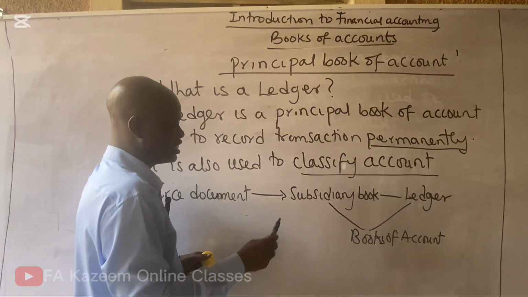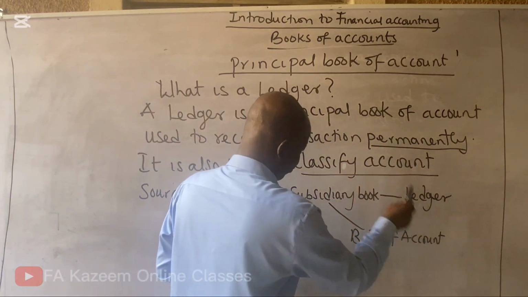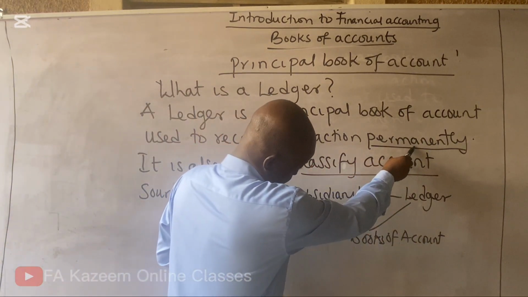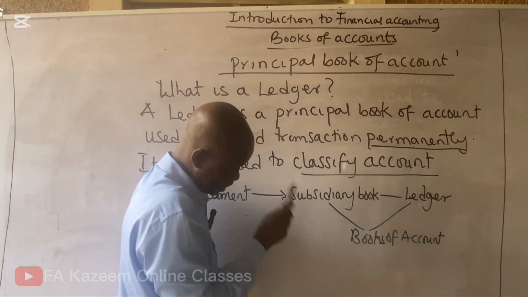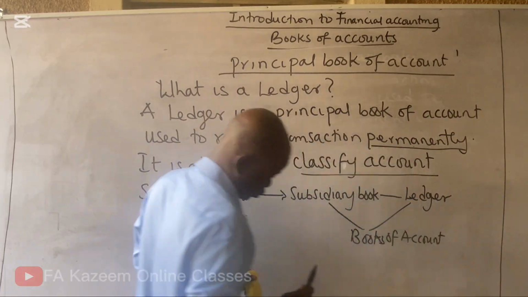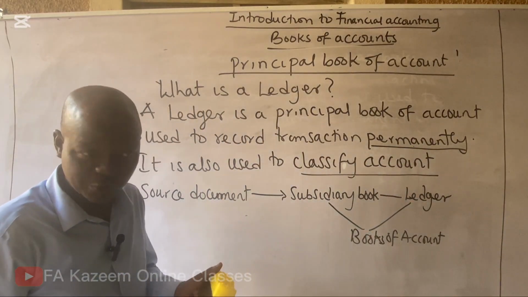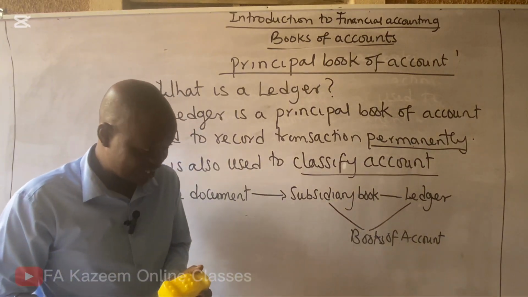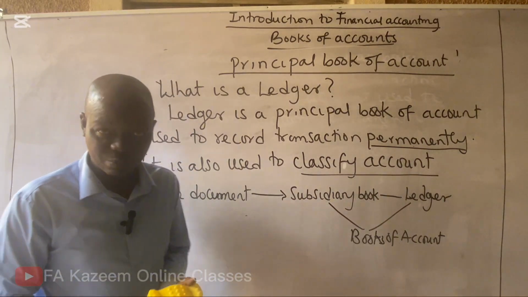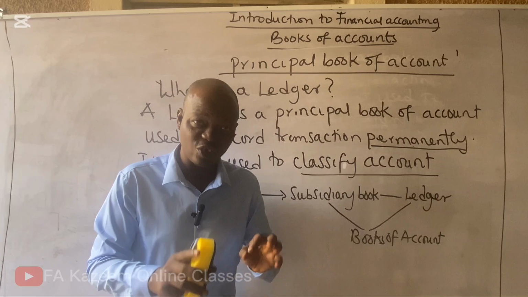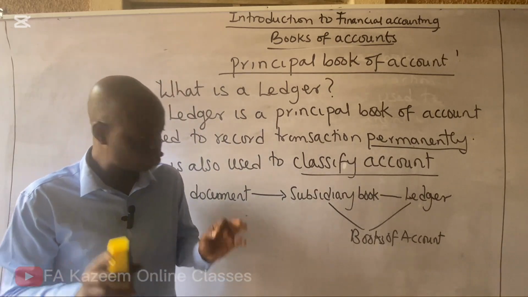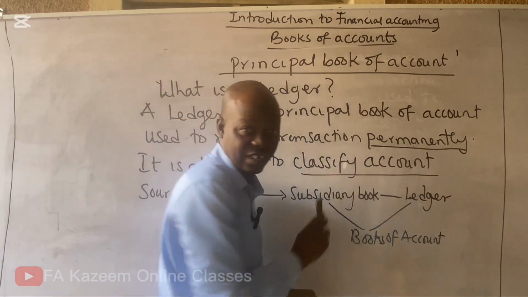That is why we said it is a book where transactions are recorded permanently. Meaning, after ledger, there's no other book. Some people may say, no, after ledger, there's trial balance. Trial balance is not a book. Trial balance is just an extract to show the accuracy of the ledger.